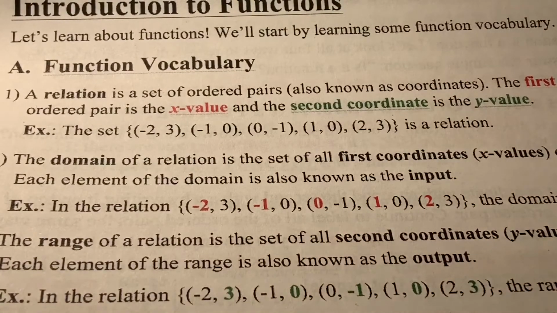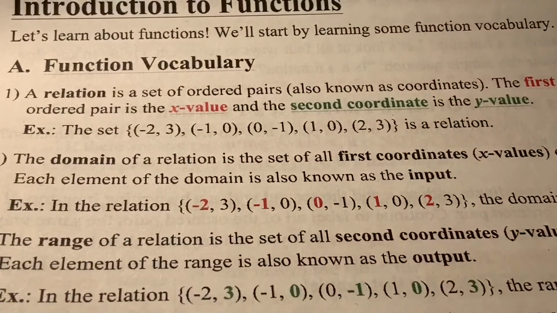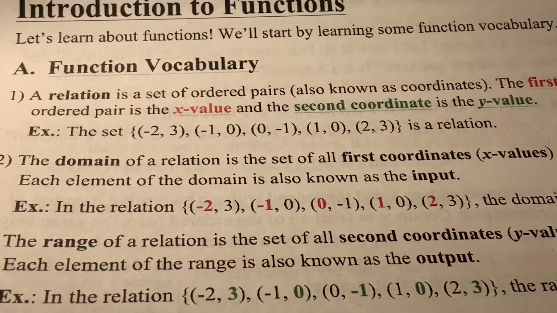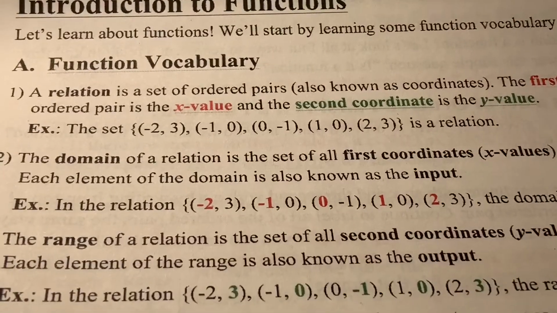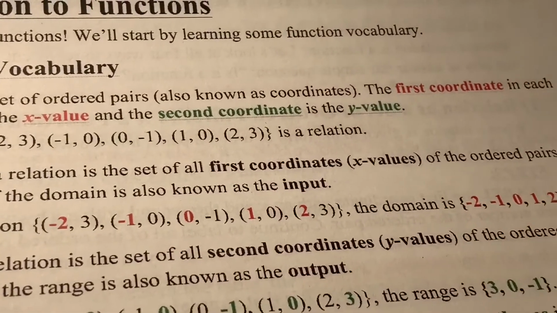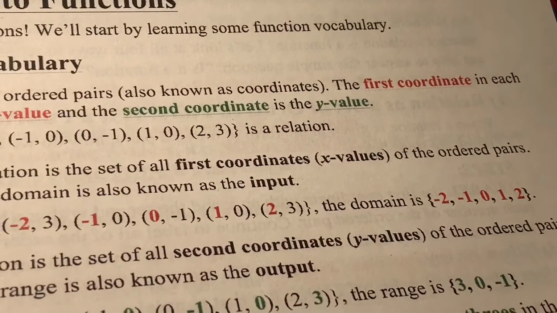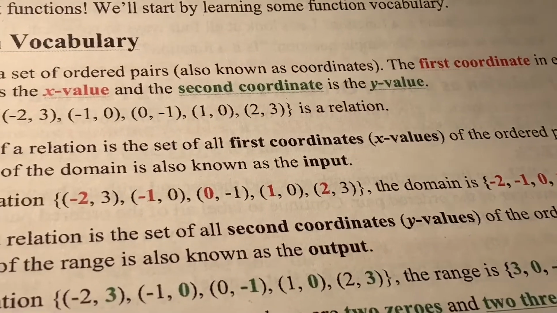Okay, let's go. Number two, domain. The domain of a relation is the set of all first coordinates, as we know, also known as x values of the ordered pairs. All right, so the domain, get used to that word, domain.